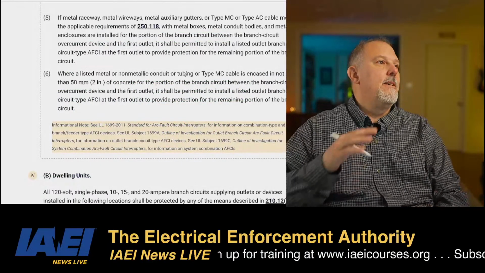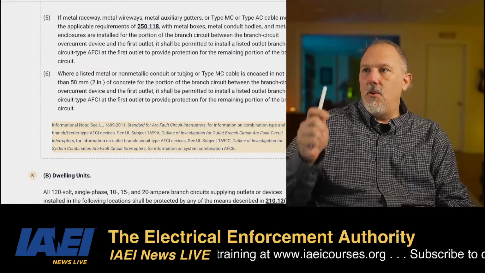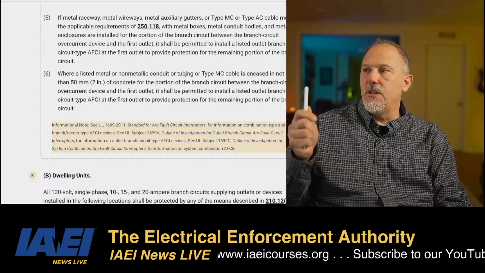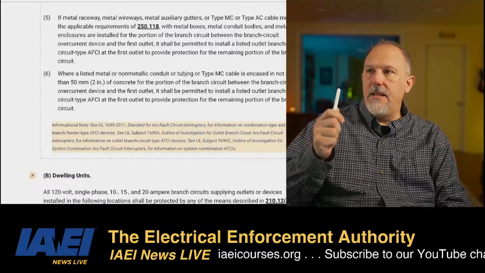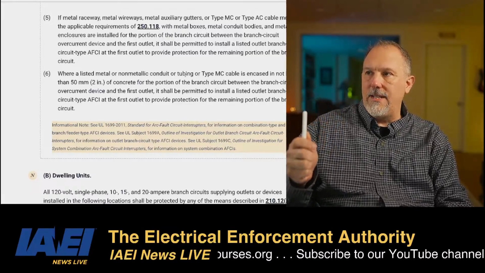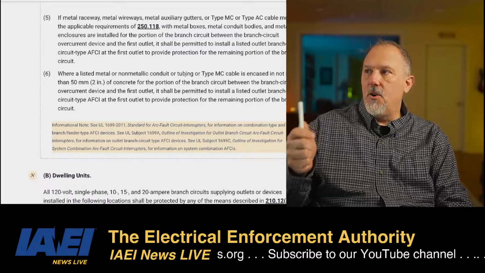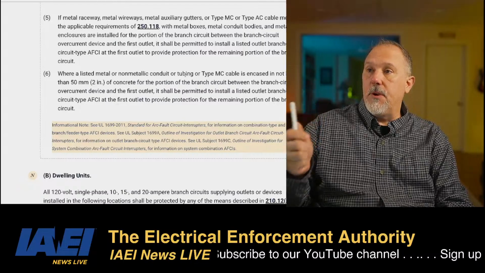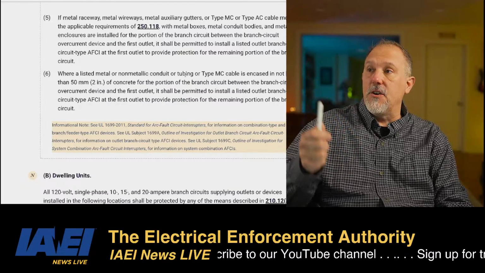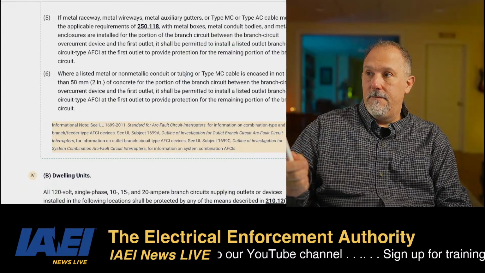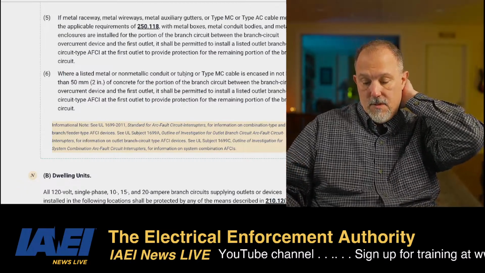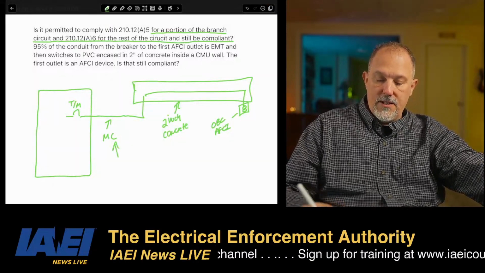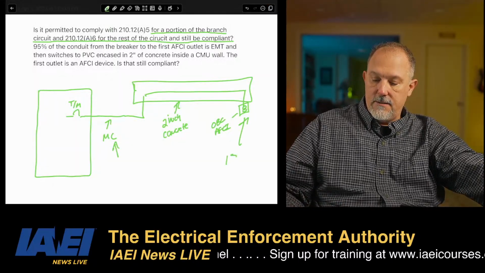The language says, if metal raceway, metal wireways, metal auxiliary gutters, or type MC or AC cable meeting the applicable requirements of 250.118 with metal boxes, metal conduit bodies, and metal enclosures are installed for the portion of the branch circuit between the branch circuit overcurrent device and the first outlet. So this diagram, that cable is, there's your first outlet.